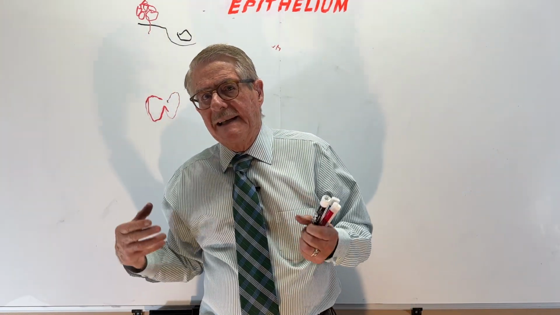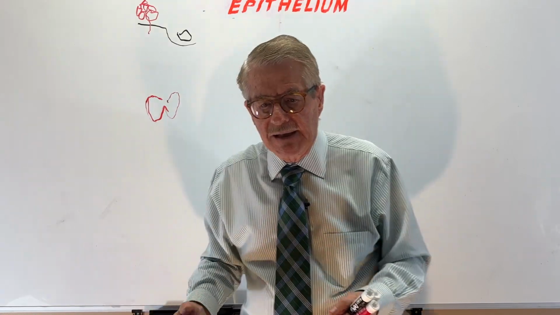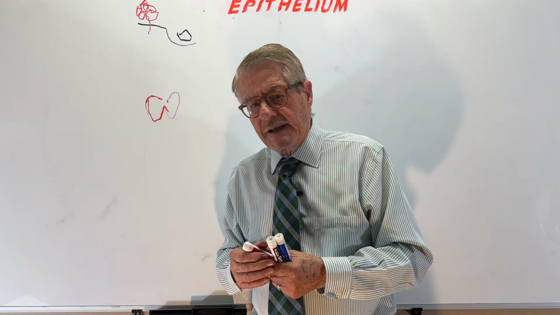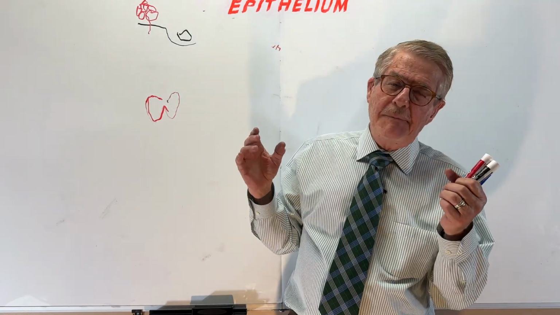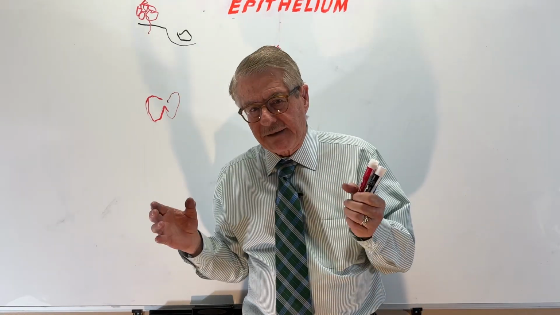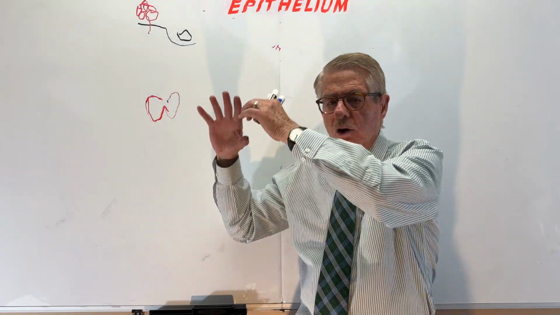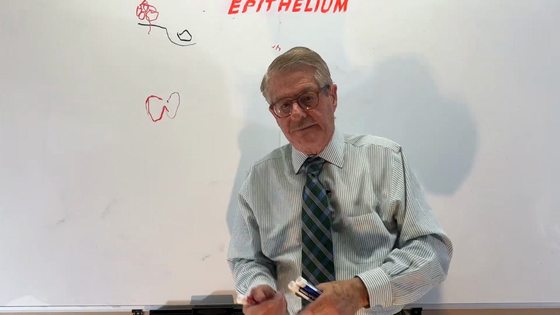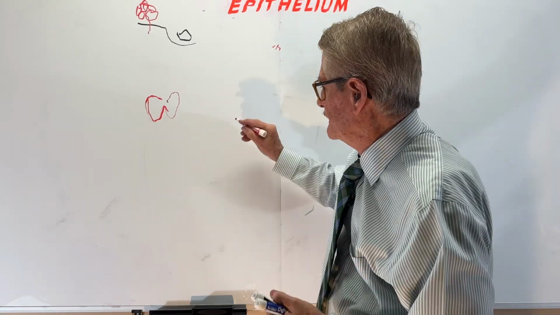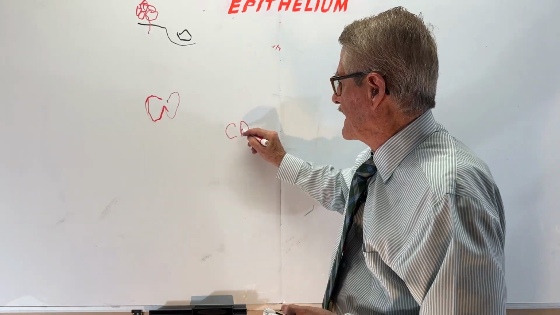Well, why am I telling you all this? I'm telling you this because when it comes to talking about cancer, all these structures are going to have one thing in common, or most of them. They're going to be carcinomas.